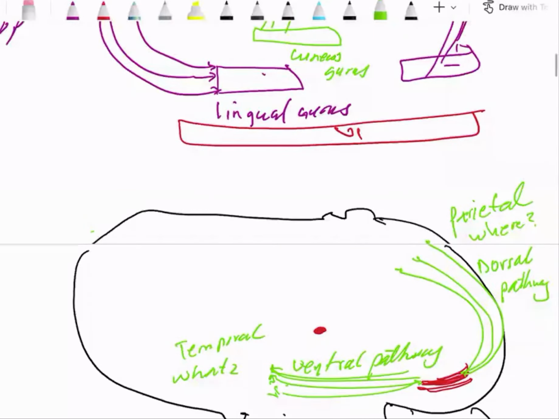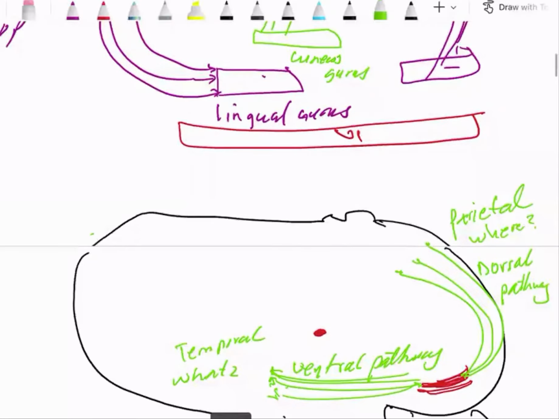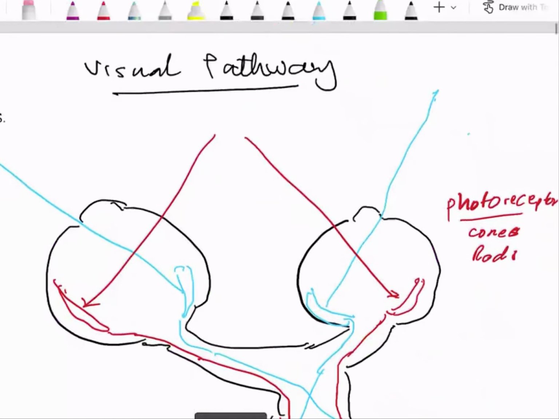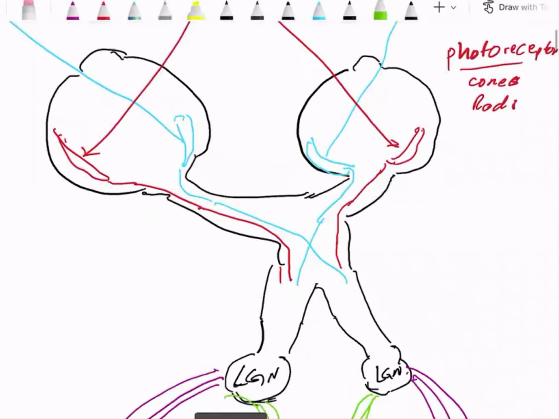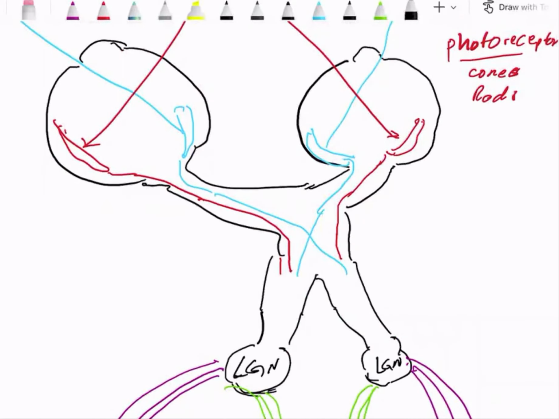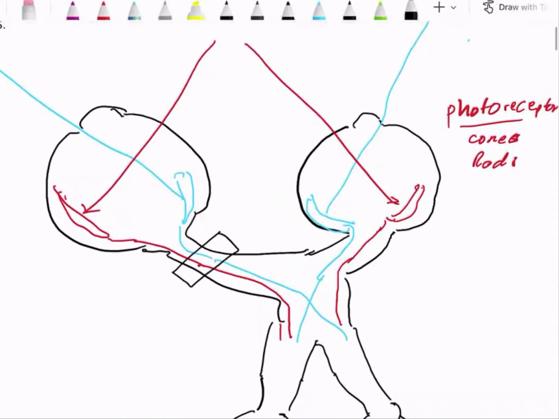The visual pathway could have some defect while conducting these fibers. For example, if we knock out the optic nerve here, we are going to have anopsia, which is complete blindness in the left eye, or maybe the right eye if we knock out the right optic nerve.